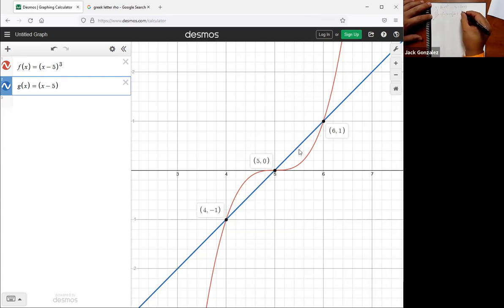Then plus the integral from 5 to 6. The top is now the line minus the cube. That makes sense?